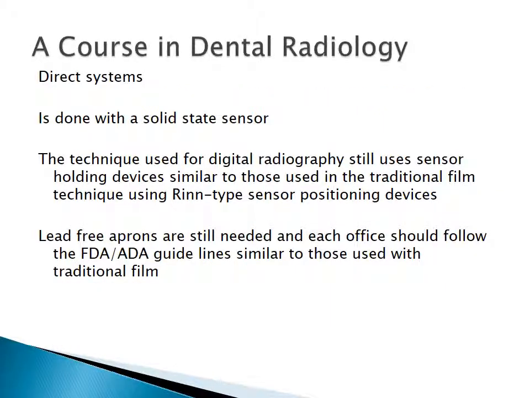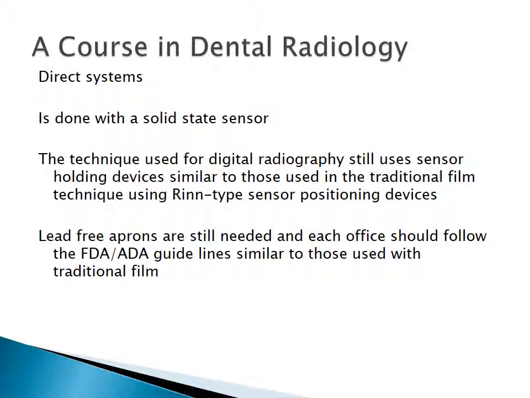Direct methods or direct systems are without a doubt the most common out there now, because the sensor size has come way down. The cost of these systems has come way down, and they're very convenient for the office. So this is going to take a digital radiograph using a sensor. The doctor's office can use the simple RINN type sensor for positioning.